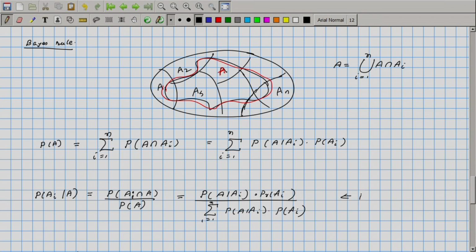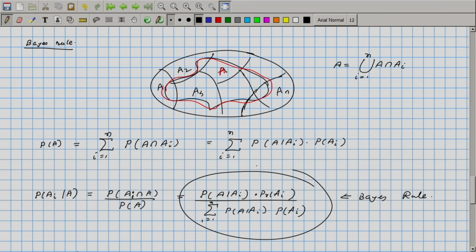So, this rule is called the Bayes rule. We are interested in probability of one of these AIs happening given that A has happened, and that can be expressed in this particular format.